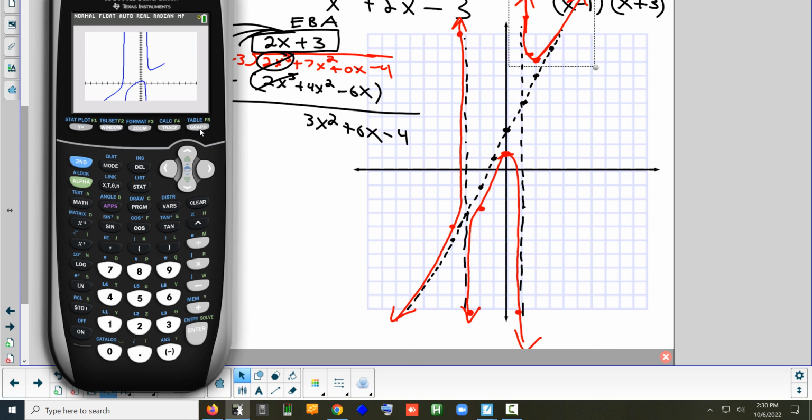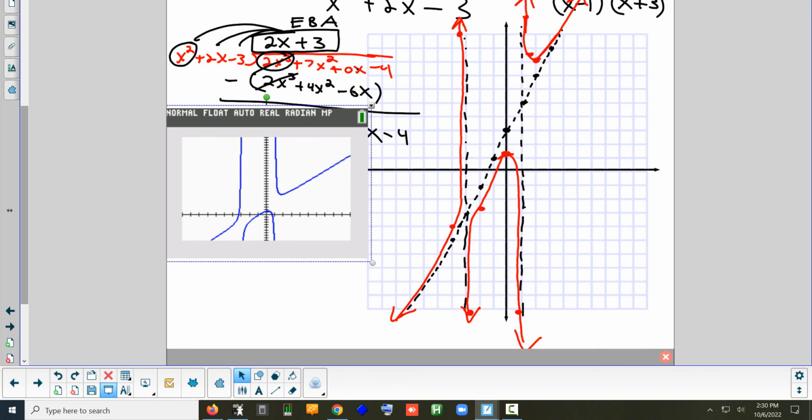There's the piece in the middle. And there's the piece on the right that, again, you're only seeing a very, very small part of in that graph. But that's what it looks like. Any questions on how we sketch that?